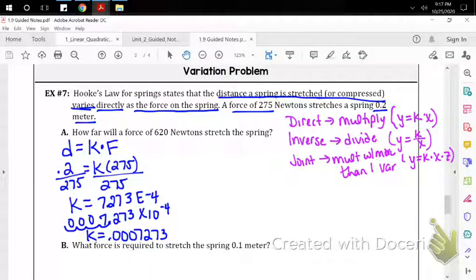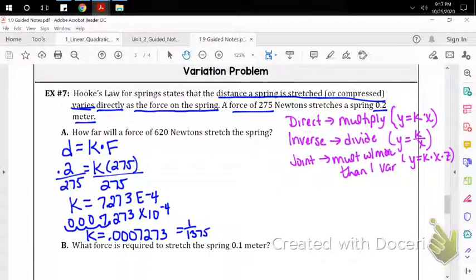Now if you wanted to try to make this into a fraction, it is possible, but you can't use your rounded value. So you have to do the 0.0007272727272, quite a bit of them, because it just keeps going, and then hit math, enter, enter, and it does tell us that this is the same thing as 1 over 1375.